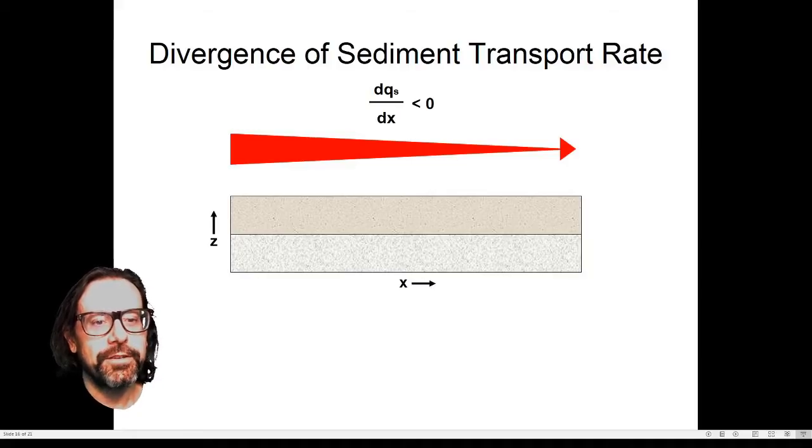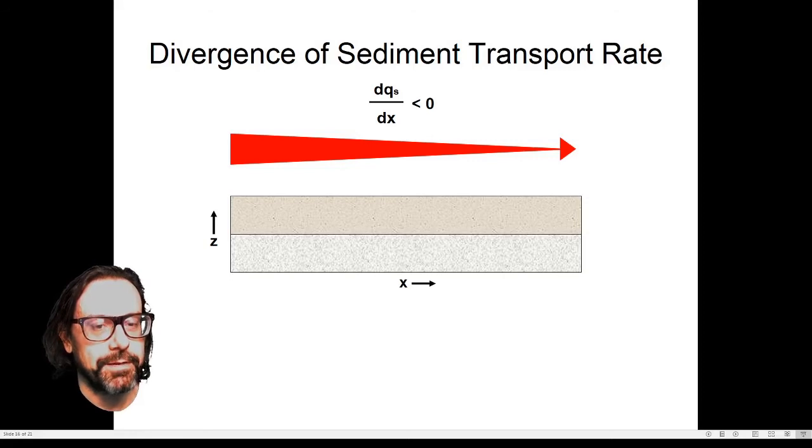We can consider the contrasting situation where the sediment flux divergence is less than 0 or negative. In this situation, we have sediment flux across the landscape element decreasing. That means that the amount of sediment that is moving into the landscape element exceeds the amount of sediment that is leaving the landscape element.